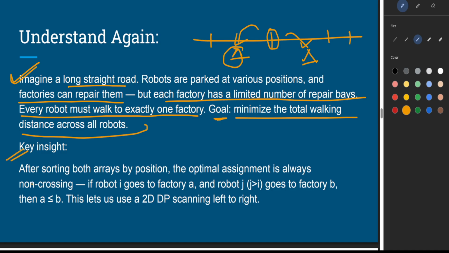Now coming back to the key insight: after sorting both arrays by position, the optimal assignment is always non-crossing. We should not cross, so we have to use non-crossing.